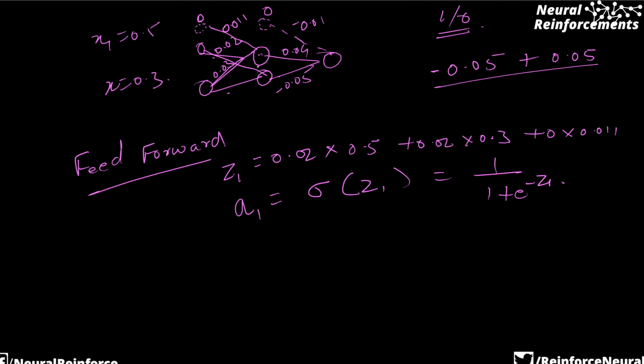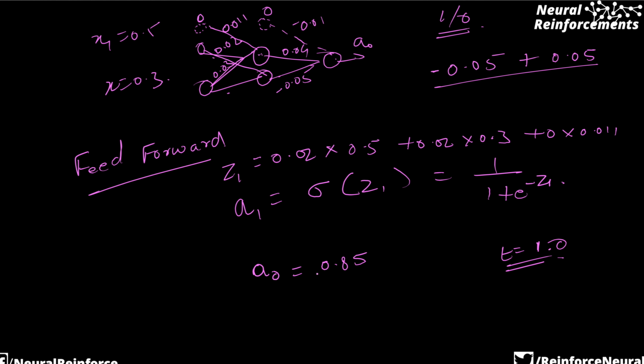Similarly, we'll calculate for this one. Then suppose there is some output from this particular class. Suppose the output, a out, this is what I'm calling a out, of this is 0.85. And if this class is 1, then the actual output, which is t, is equal to 1.0.